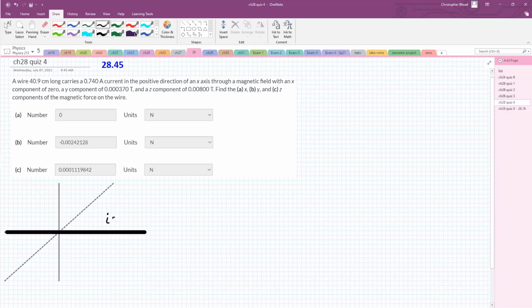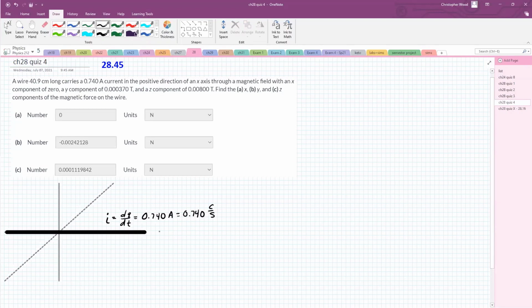And just by way of backtracking, I is charge per time. It's given to me as 0.740 amperes, and an ampere is the same as 0.740 coulombs per second. So just taking an opportunity to backtrack a little bit here.